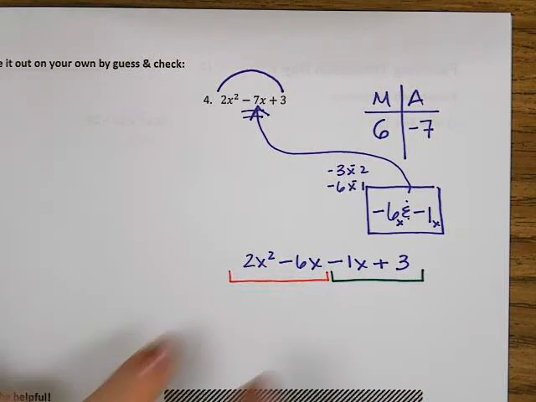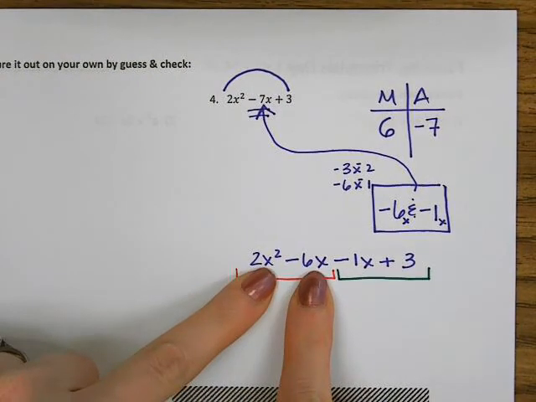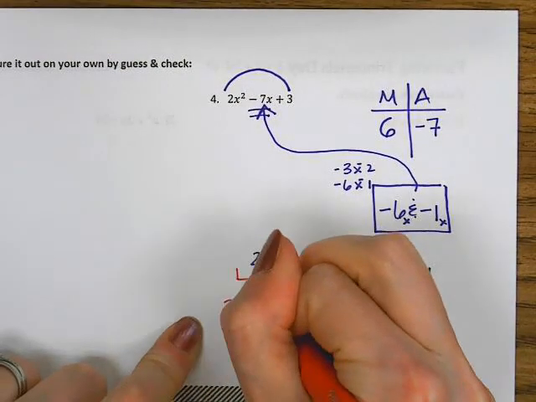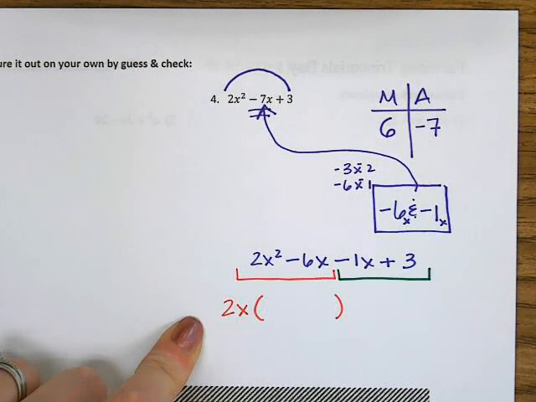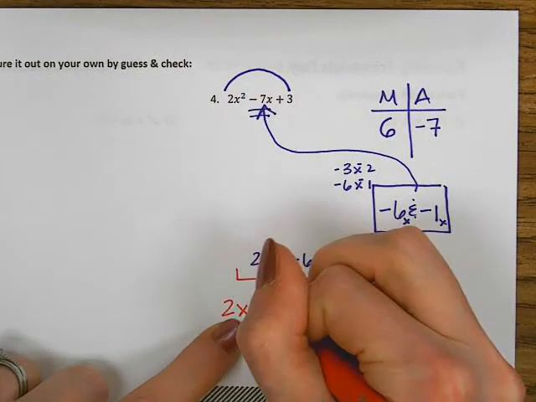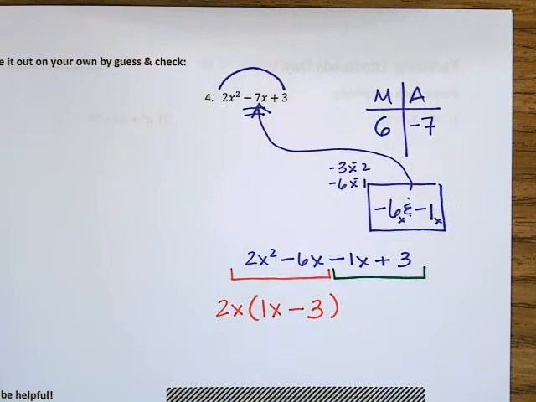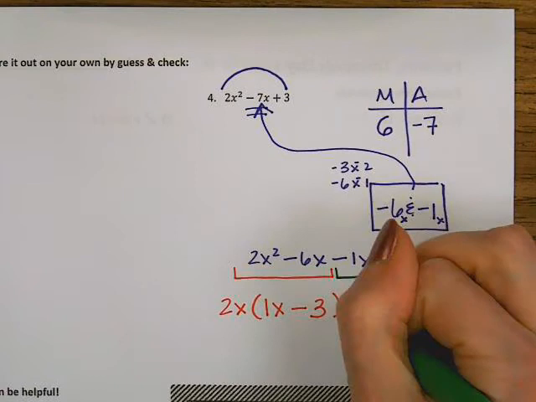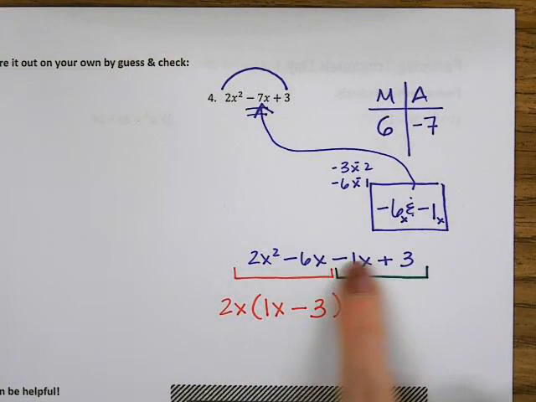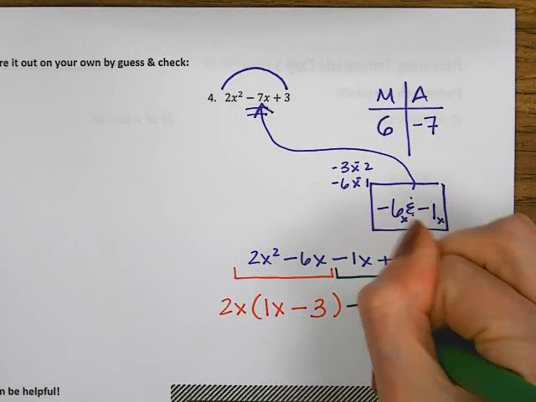The GCF of these two is 2x, and if you divide that out of both, you're left with 1x minus 3. Then remember you have to bring down the minus sign. These have no GCF, so when that happens, just pull out a 1.